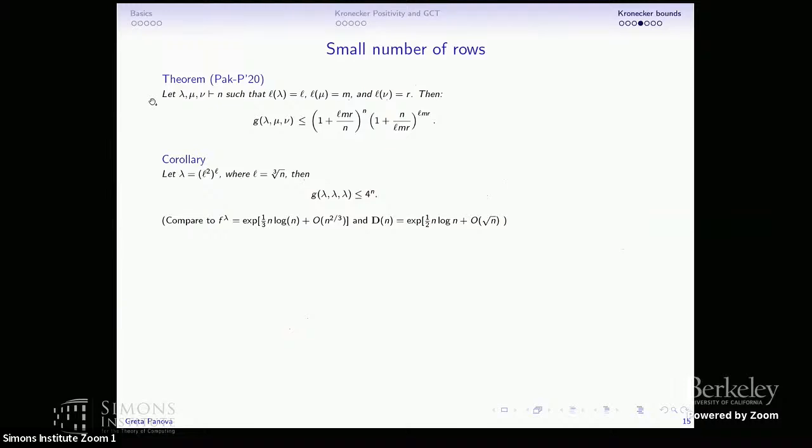So what other bounds can we get? Here is a bound that looks pretty large. Depending on which regime we use for the sizes of the partitions, this bound can be meaningful. So for example, in this case, we have a small number of rows, but certainly not constant.